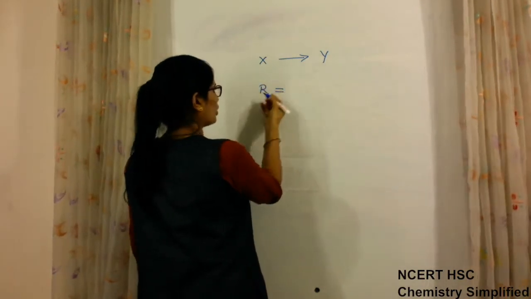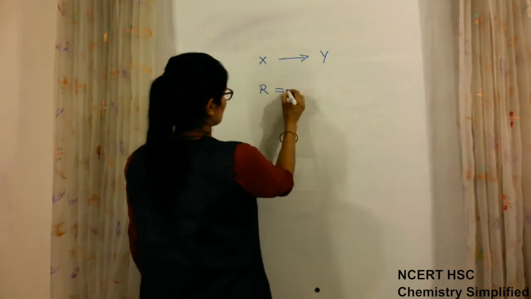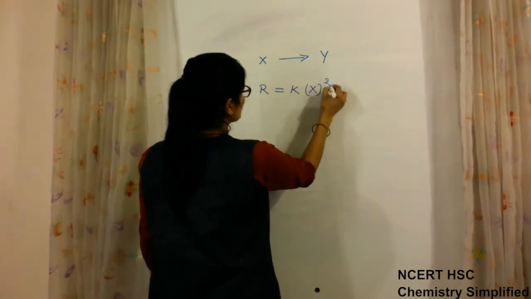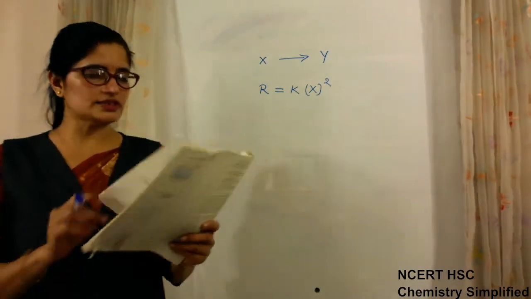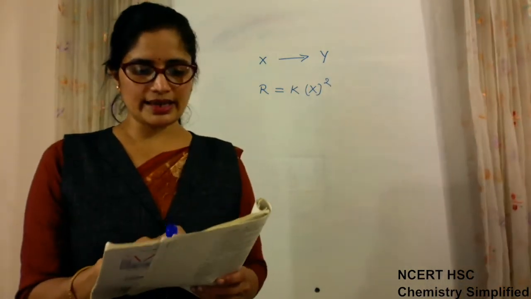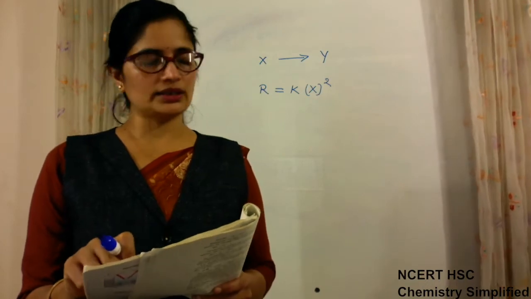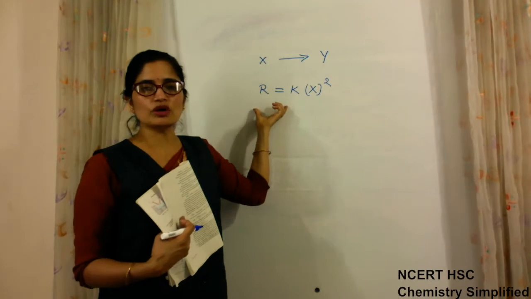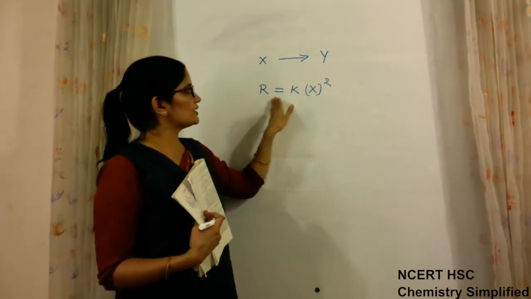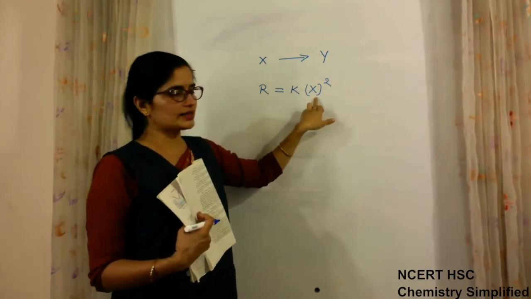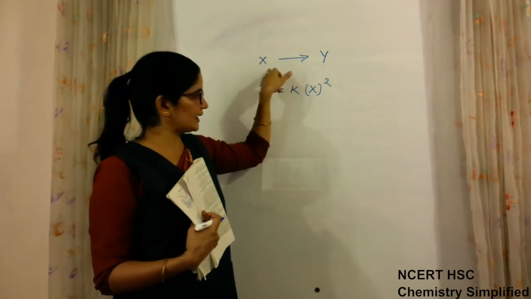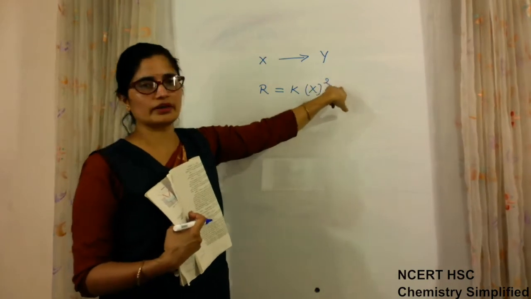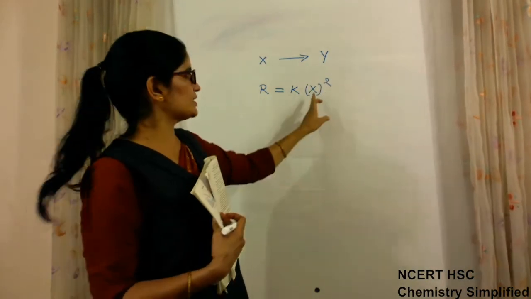Rate, or we can write dr by dt, is equal to K X to the power 2. The meaning of the sentence is that the rate law is given by the concentration of reactants. Reactant is only one, that is X, and it is following second order kinetics, that means it is raised to power 2. First order kinetics means raised to power 1.